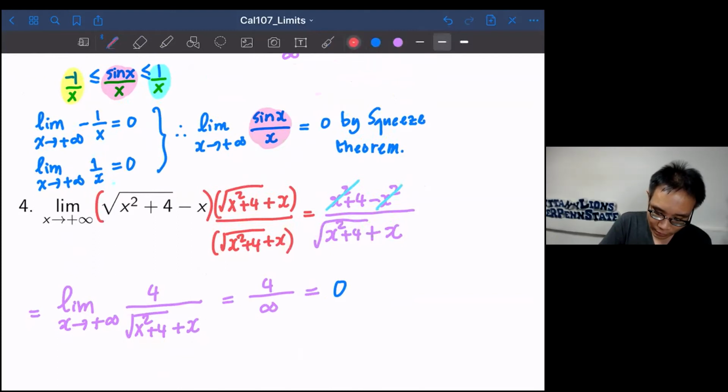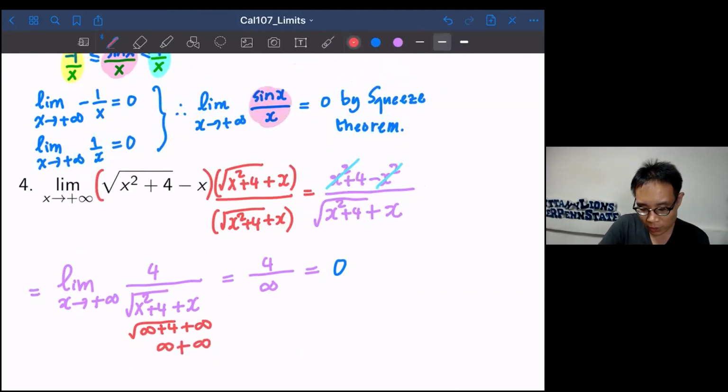When you plug in infinity, you get the square root of infinity plus 4, plus infinity. And infinity plus infinity is just infinity, because infinity is already large. Doubling it turns out larger, but you cannot have something larger than infinity, so it's just infinity.